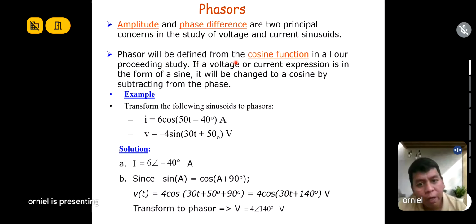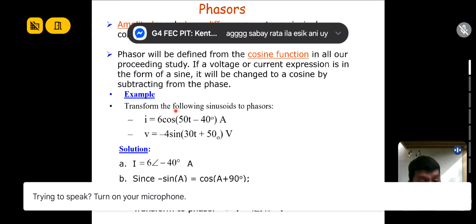Make sure to take note: the phasor will be defined from the cosine function in all our preceding studies. So if the voltage or current expression is in the form of sine, it will be changed to a cosine by subtracting the phase. That was the conversion we did earlier. As you can see, all sinusoidal forms should be in cosine function.